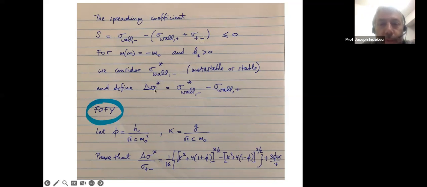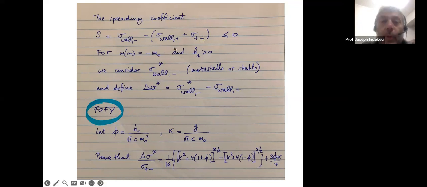Now, if delta sigma star would exceed sigma plus minus, then we would violate this inequality and we would necessarily be talking about a non-equilibrium state, which will relax after some time to the wet state, if ever there is an equilibrium that's going to be reached.